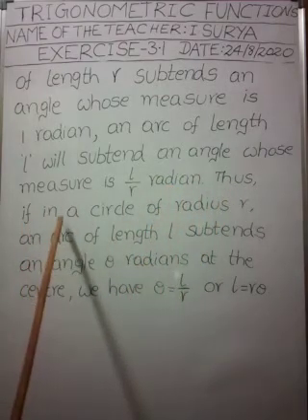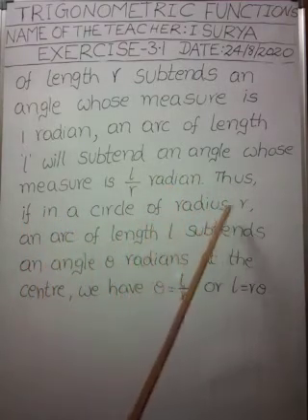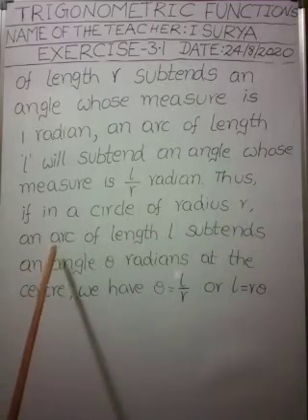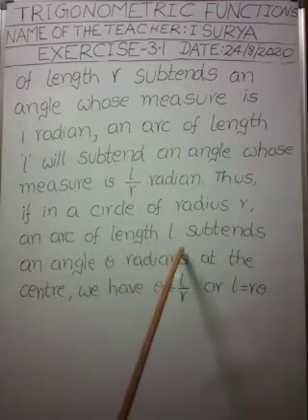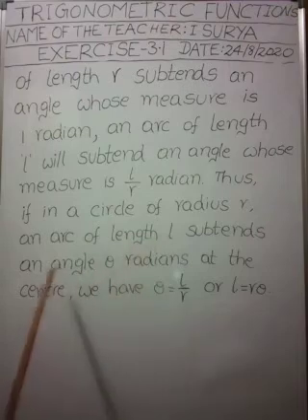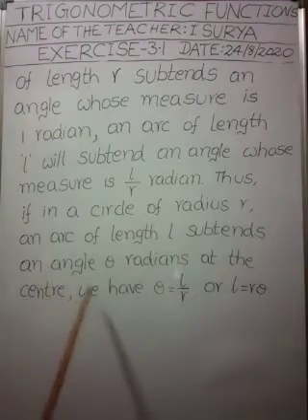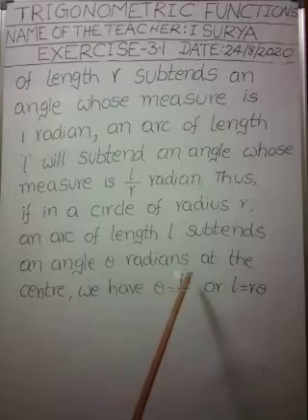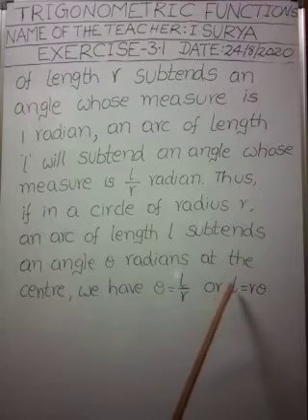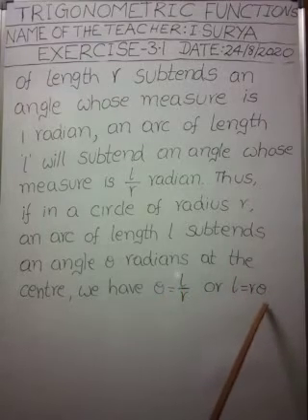Thus, if in a circle of radius r, an arc of length L subtends an angle theta radians at the center, we have theta is equal to L by r or L is equal to r theta.